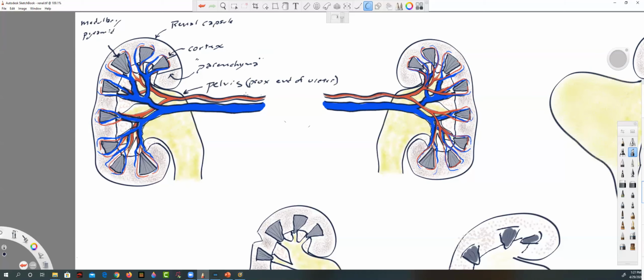The proximal end of the ureter is the pelvis. It's a bit medial to the kidney, and it goes in and becomes part of the kidney, of course, but we call that the pelvis itself, and that's the collecting system.